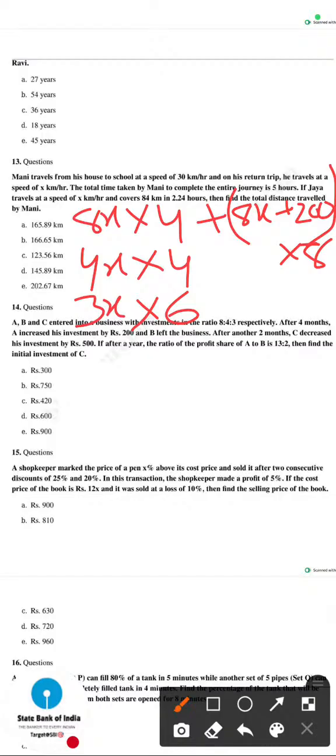So we have 4 1 times, 4 2 times, 4 1 times. First we will do 2 times only, 2 4 times, and this will be 2 times, this will be 3 times.